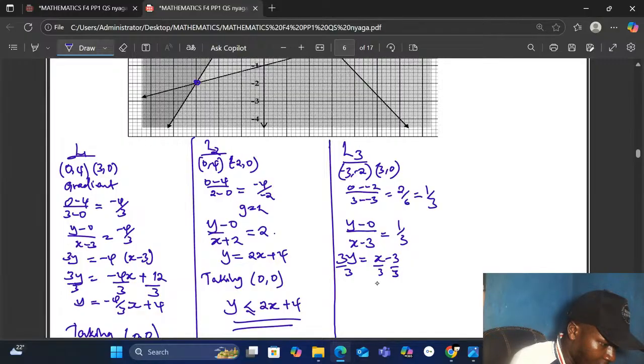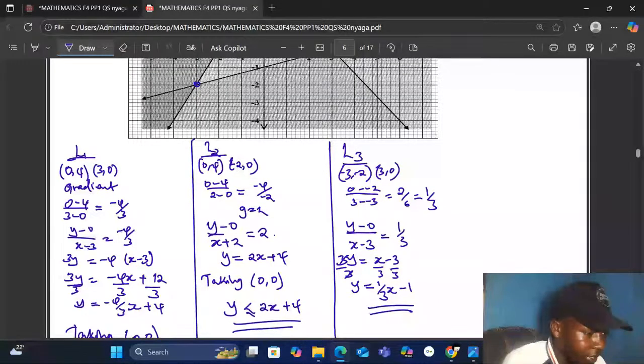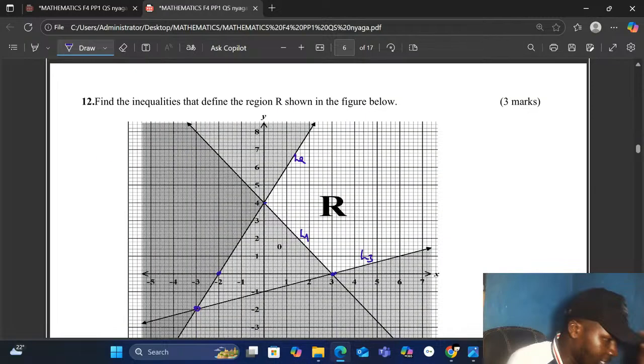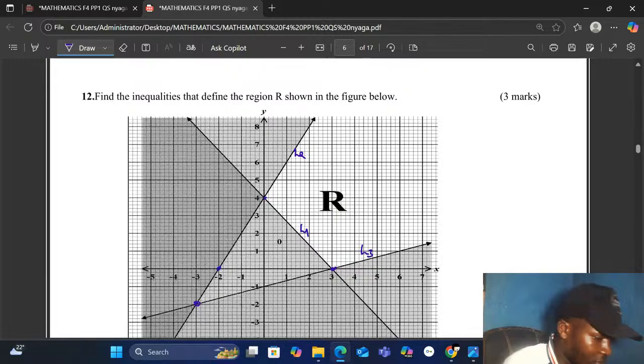Divide by 3, so y is equal to a third x minus 1. That is how you get your 3 marks, by finding the inequalities that satisfy the given region. So that's simple.